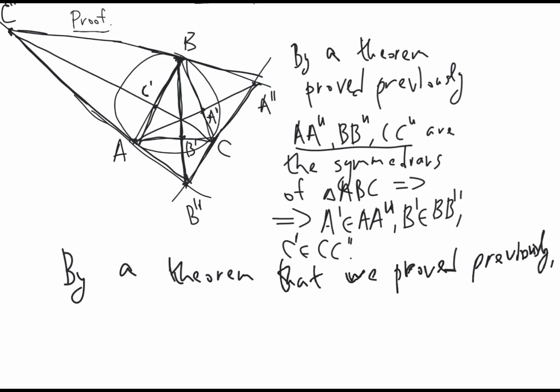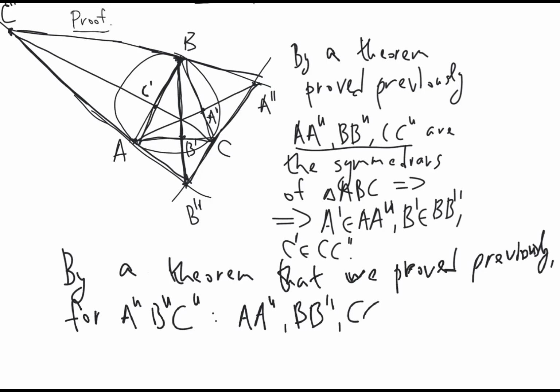For this large triangle, these are lines connecting the vertices with the tangency points of the incircle, because the circumcircle of triangle ABC is an incircle of this large triangle.